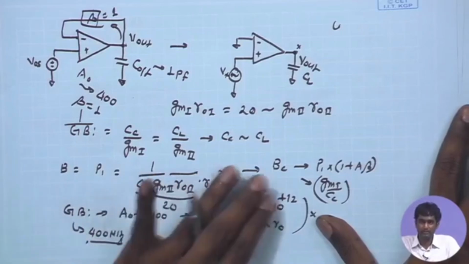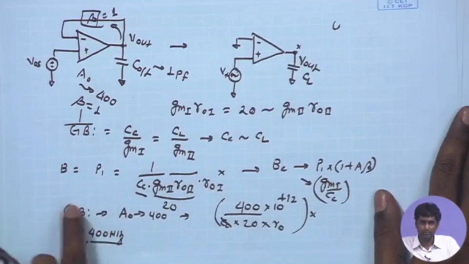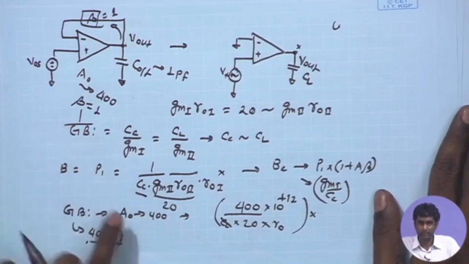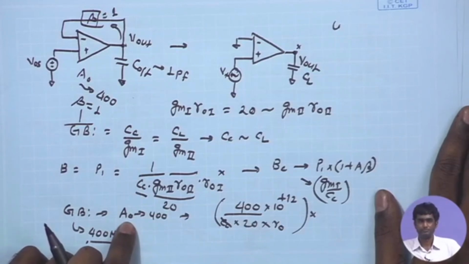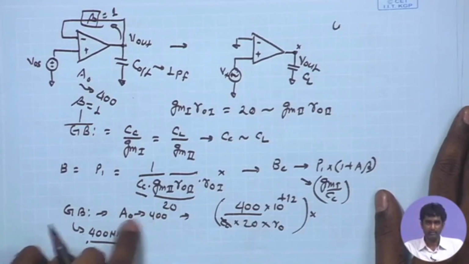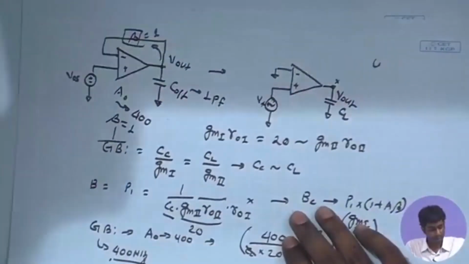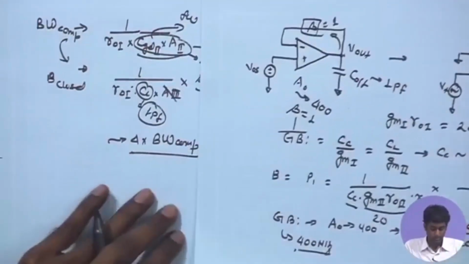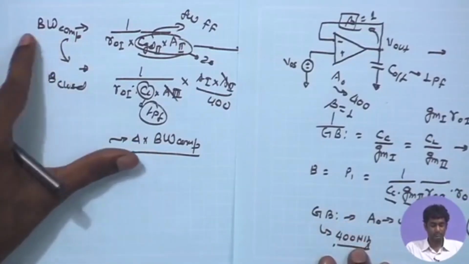But in the closed loop we also have the 1 plus A beta factor coming in, and then we put in the A naught value, which is not changing for the overall amplifier. It remains unchanged. So, that number we already have, and based on that we try to estimate what is the resulting bandwidth.